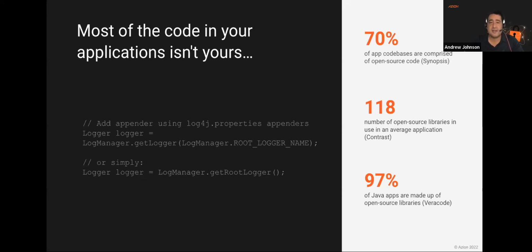You can see a couple stats on the right. Veracode found that about 70% of commercial code is open source. Another firm, Contrast Security, found that the average application contains around 118 open source libraries. And Veracode found that the typical Java app is made up of 97% open source libraries.